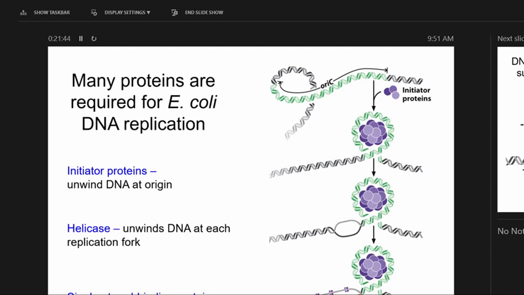Initiator proteins make a complex that interacts with sequence at the origin of replication and causes the DNA to deform such that some of the double-stranded DNA opens up. Once you get that unwound a little bit, then you add our favorite protein, the DNA helicase, right? That's this guy right here and that guy right there.